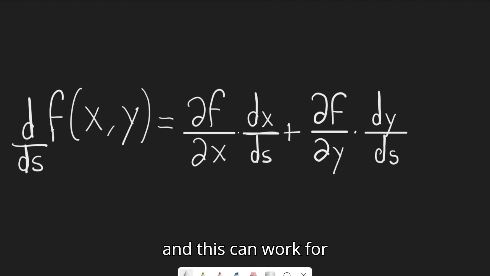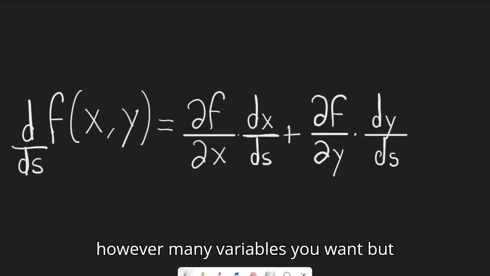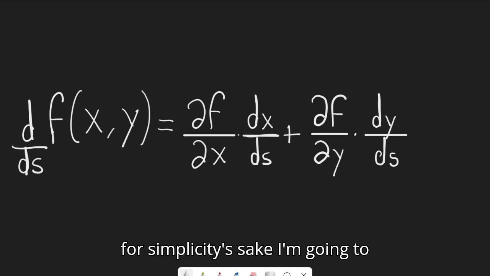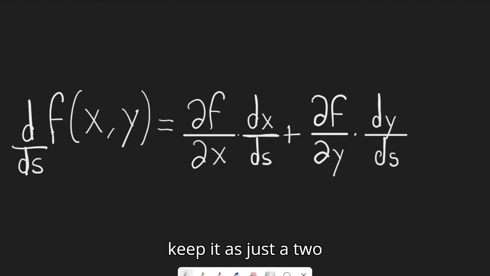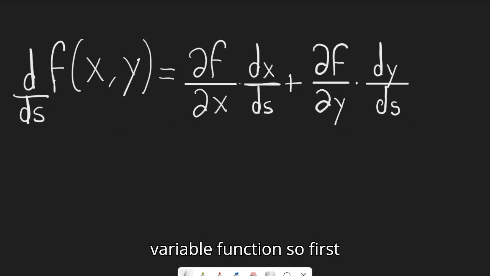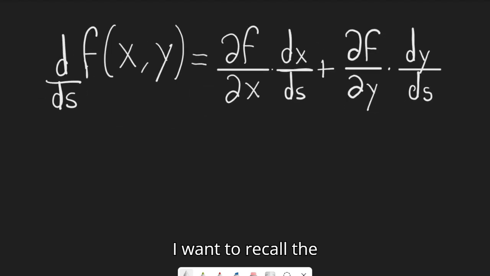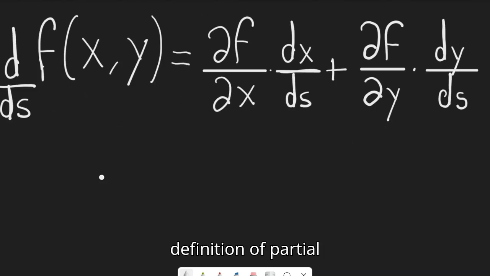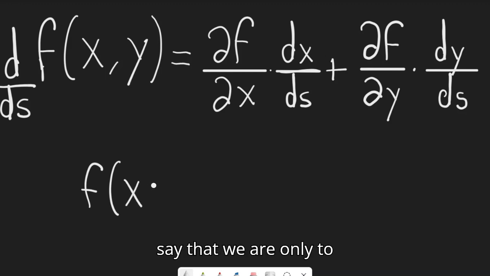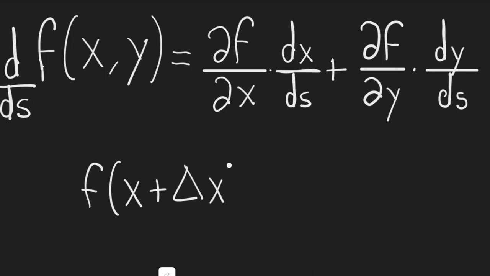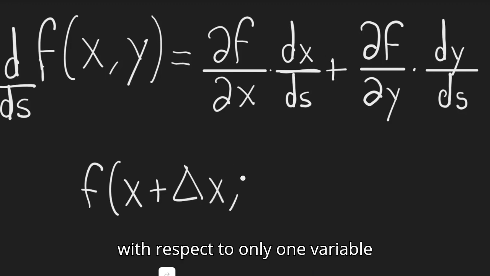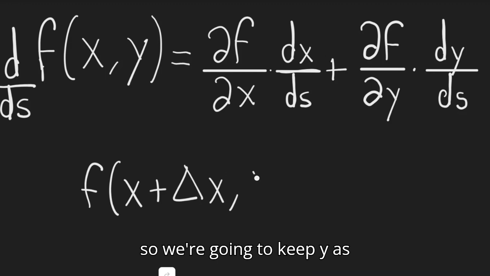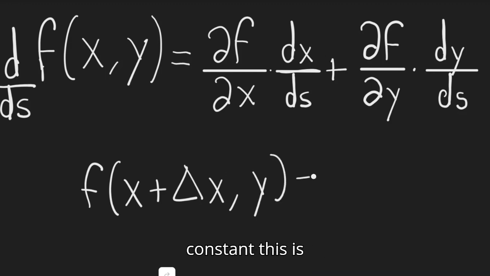This can work for however many variables you want, but for simplicity's sake I'm going to keep it as just a two variable function. First, I want to recall the definition of partial derivative. Let's say that we change with respect to only one variable, so we're going to keep y as constant.